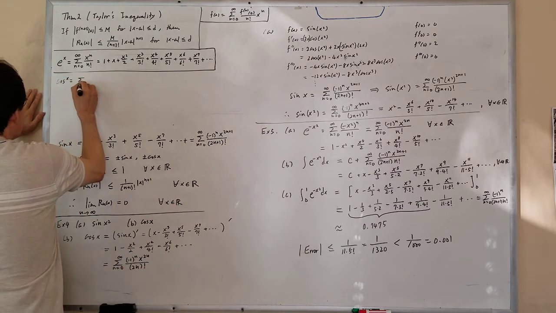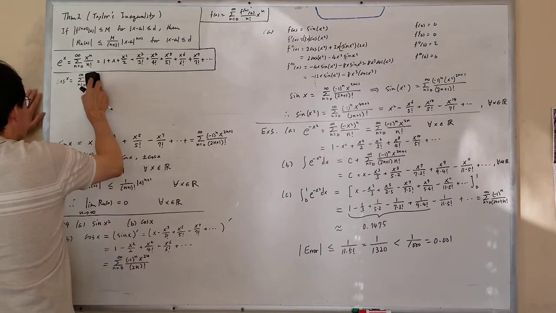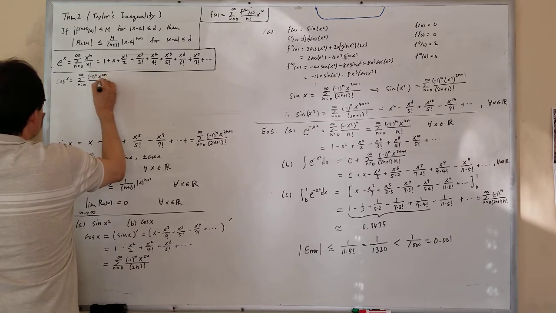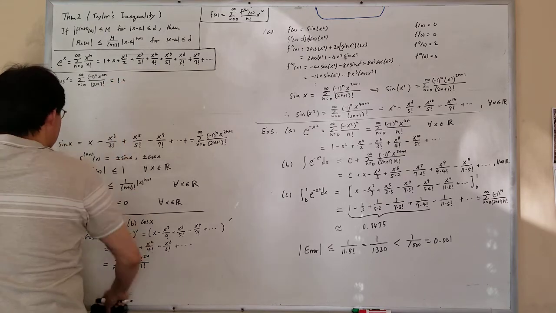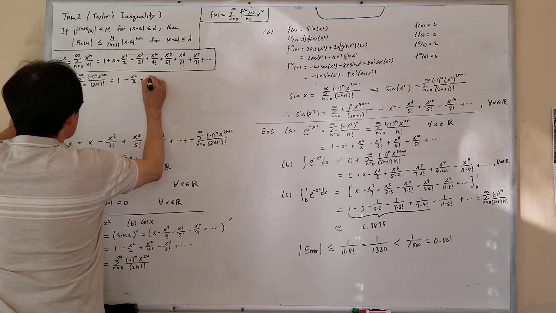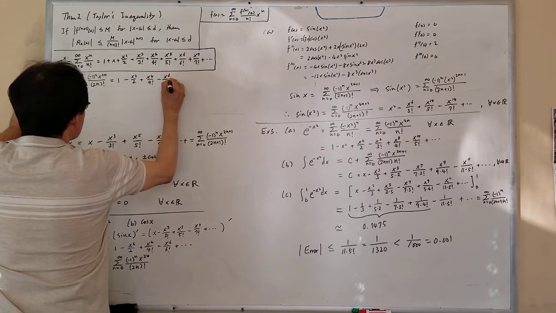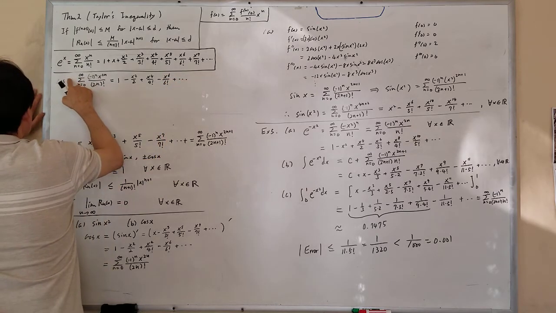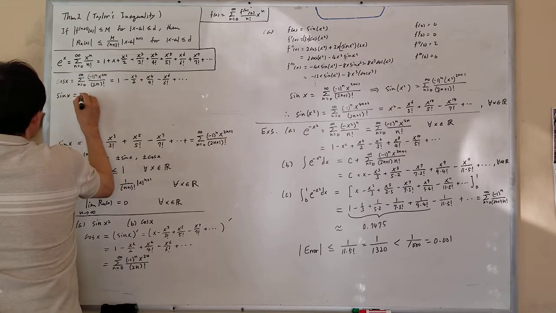Cosine of x equals, I'm going to just write it here, minus, and sine of x.